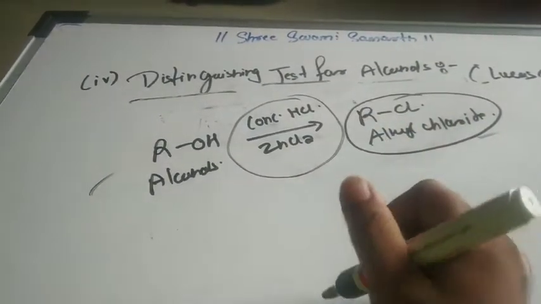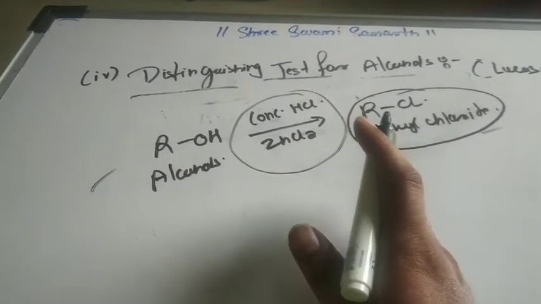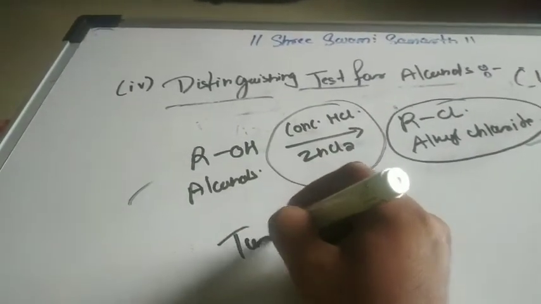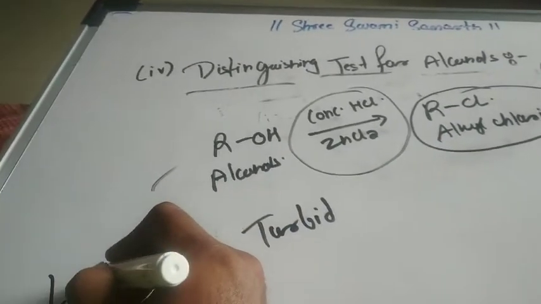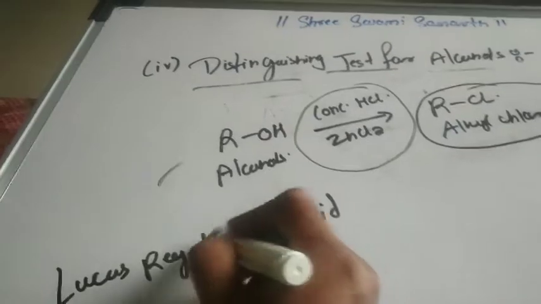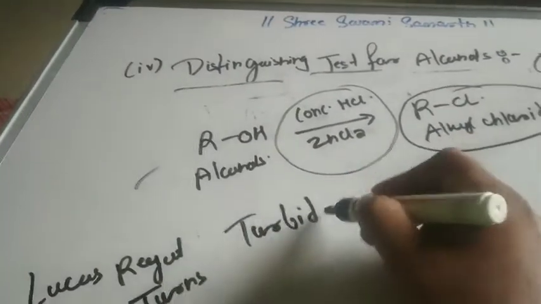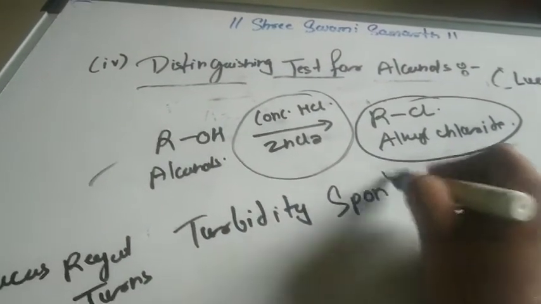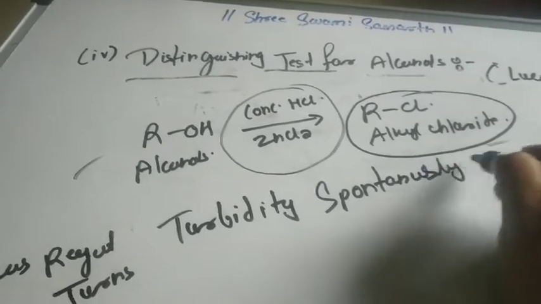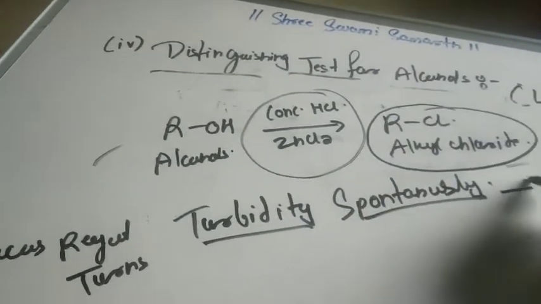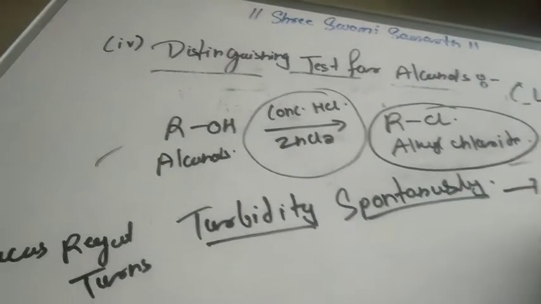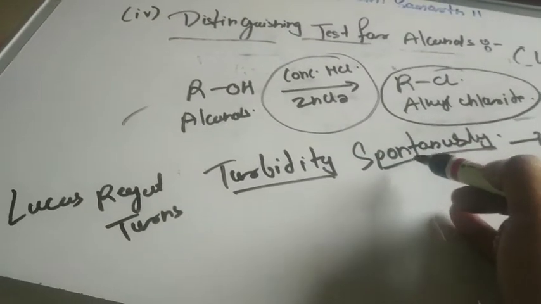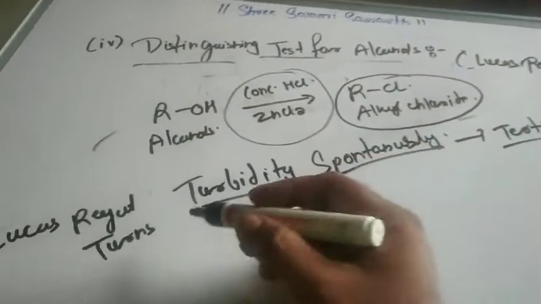If the Lucas reagent turns turbid spontaneously, then we say that it is a tertiary alcohol.